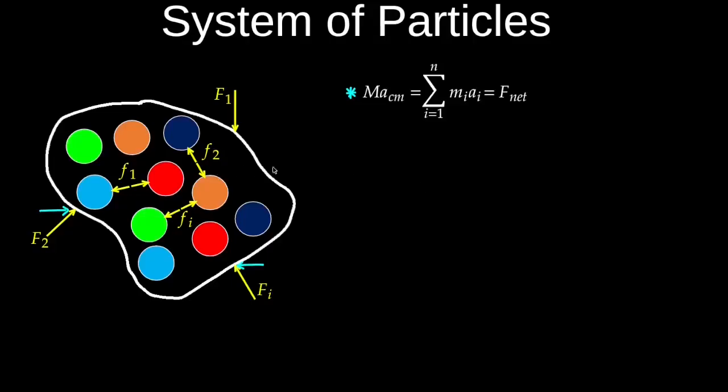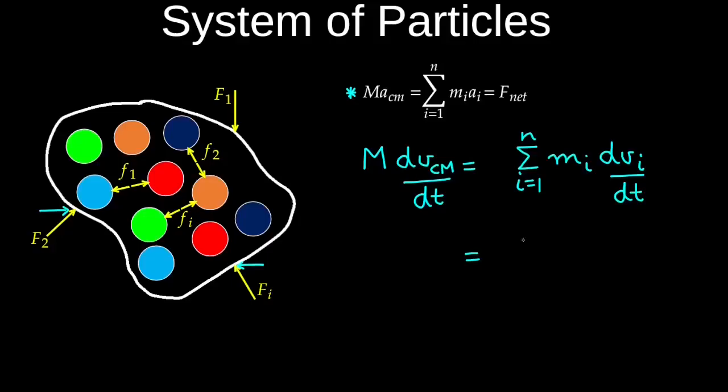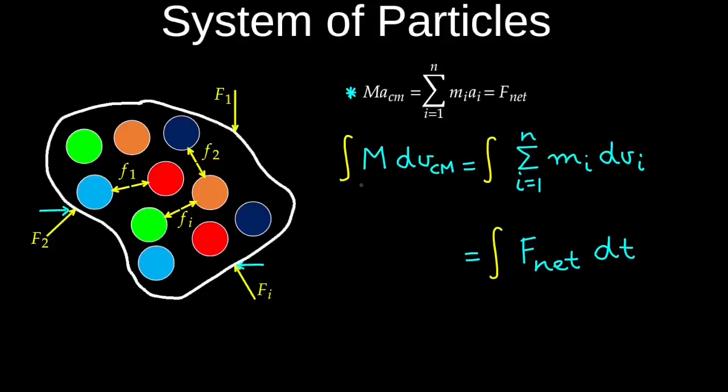Now if we replace the acceleration terms by the rate of change of velocity, and then multiply through by dt, then integrate the equation, we obtain the following expression.